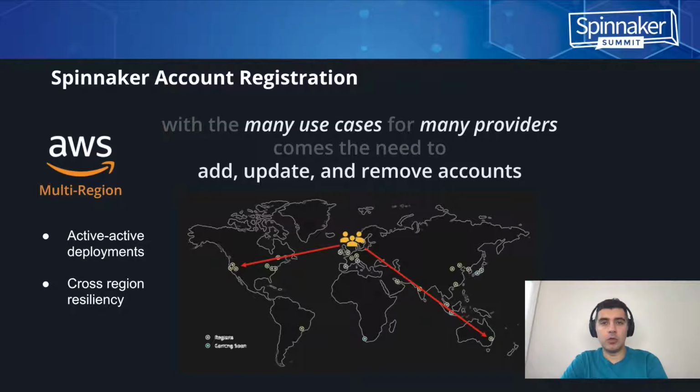So you may start expanding to different regions, and in order for your application to be deployed to these regions using Spinnaker, you need to provide account information to Spinnaker so that it can be done. Or for the users who leave the organization, or for the information that updates when you roll the password, you need to update your configurations so that these changes are reflected in your Spinnaker configuration. As a result, you need to modify your account information.